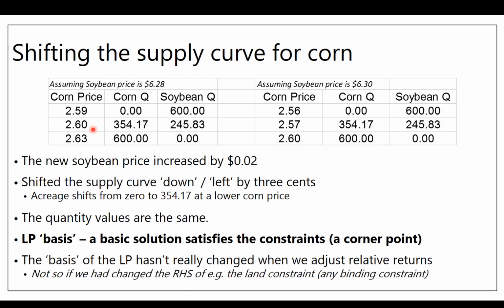And so instead of 259, 260, 263 being the relative parameters that cause us to change among basic solutions, these are three basic solutions. We haven't changed their physical relationship. And so we're just going to be changing the scale of this parameter that causes us to adjust in the basis. So minus 3 cents all the way across, and we'll get the same basic solutions just at a different scale of the parameter.